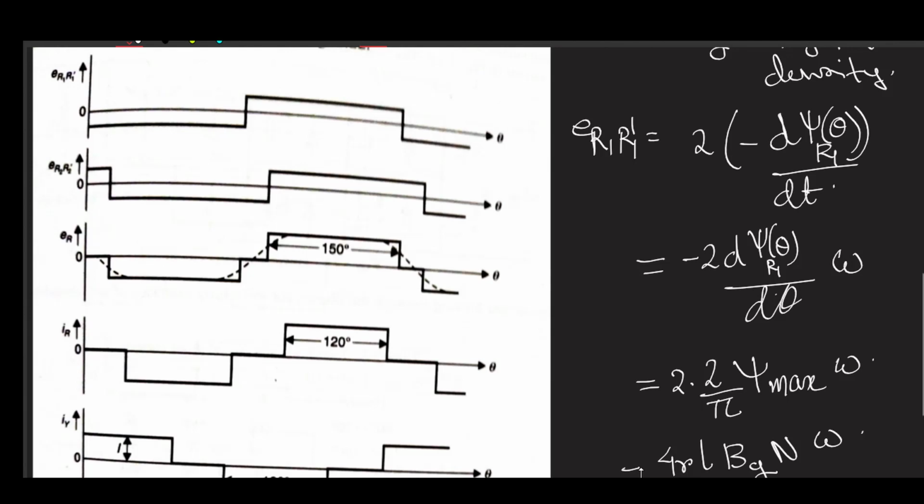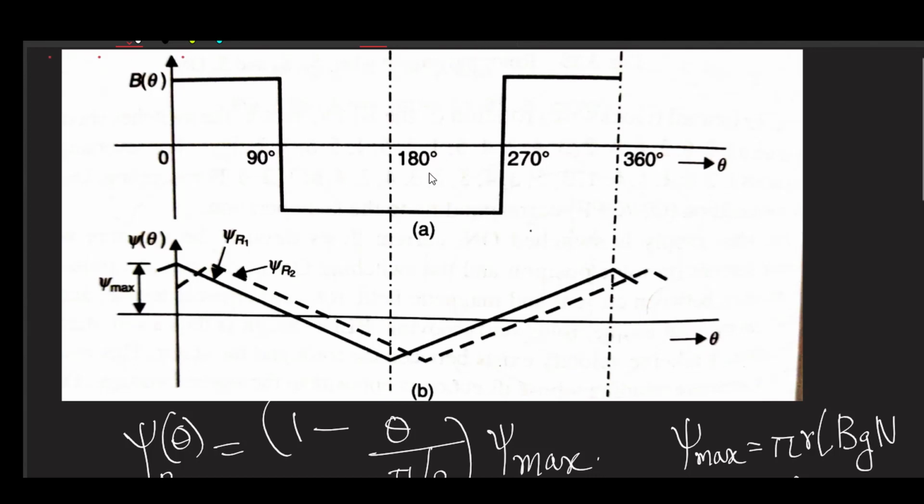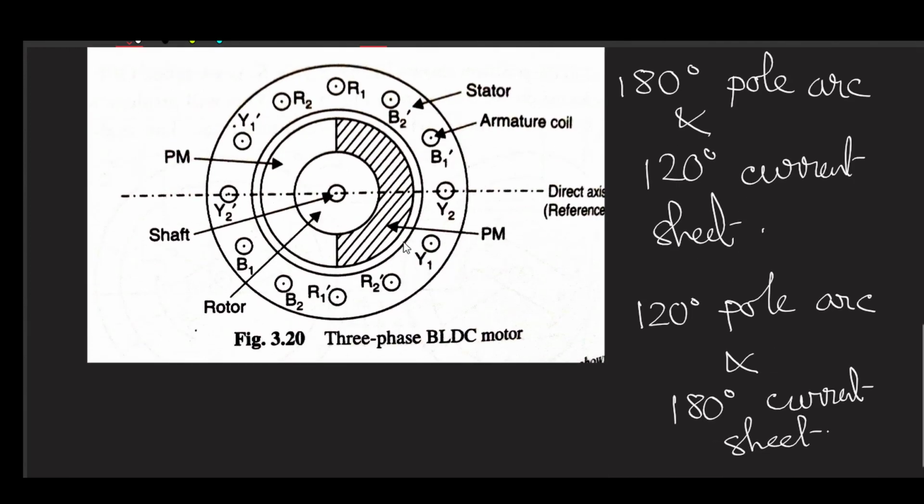The EMF induced in R2 dash, this is R1 dash. What about R2 dash? This will just be shifted, of the same magnitude, but displaced by 30 degree. So now if these two coils are connected in series, the phase voltage will be how much?